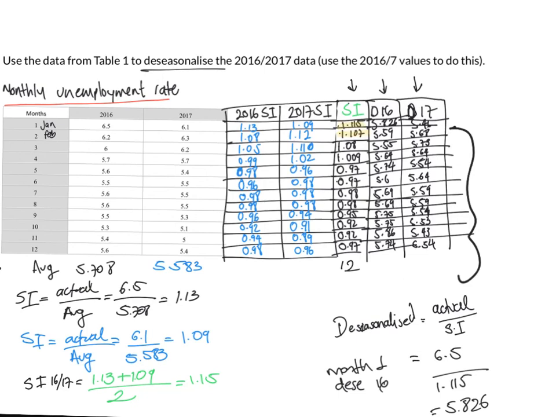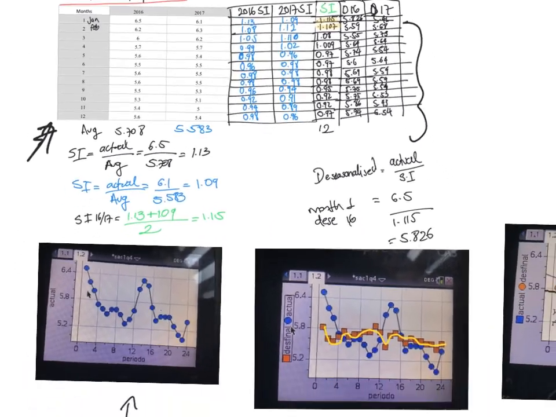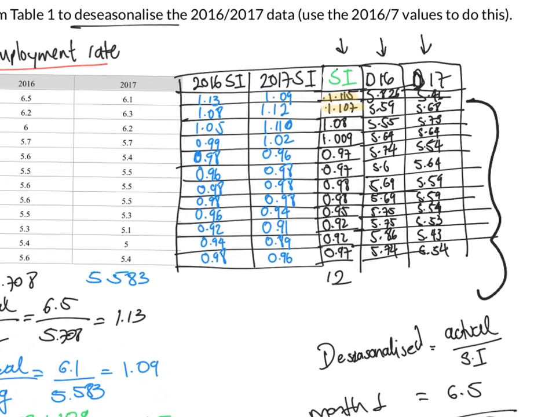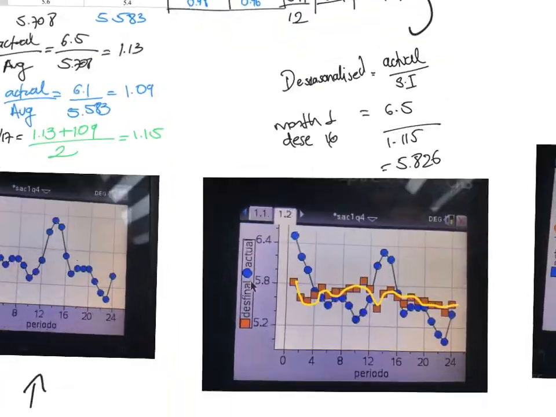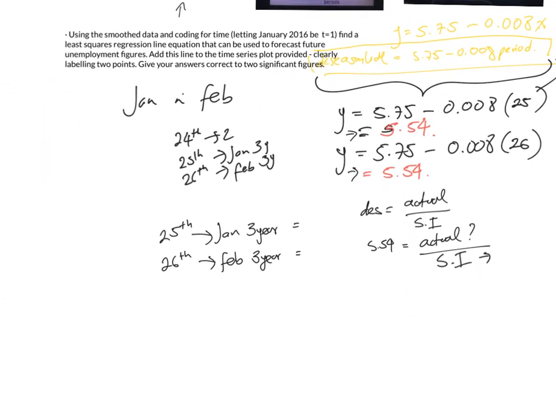If we use those seasonal indexes to predict our actual figure, for January it will be 1.115. So we rewrite this again, 5.54 equals the actual value over 1.115.